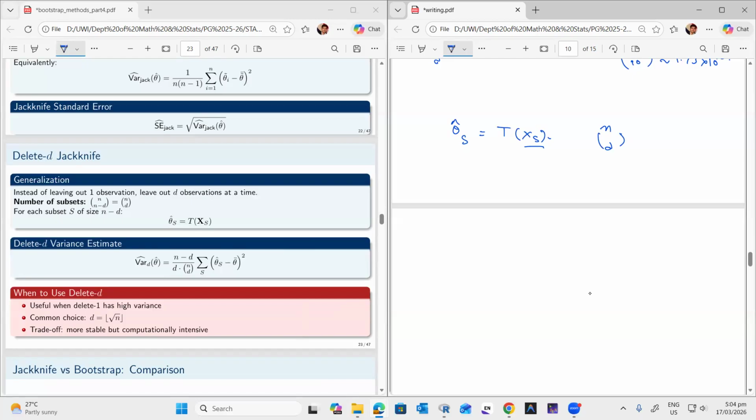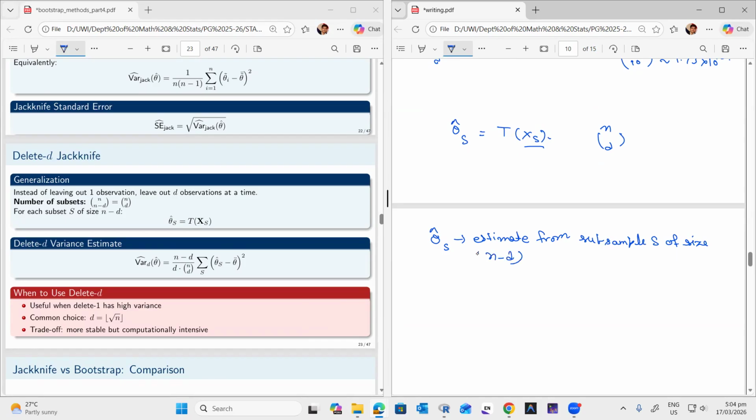Here theta cap S is the estimate from the subsample S of size n minus d.